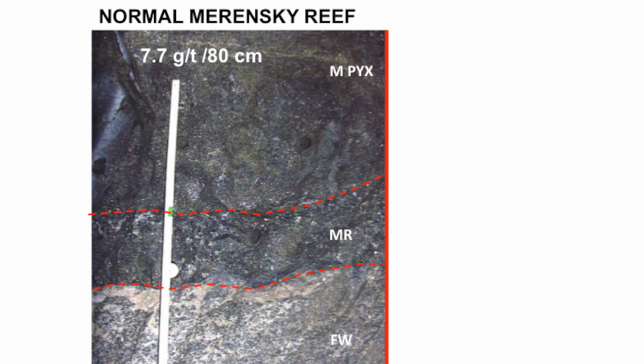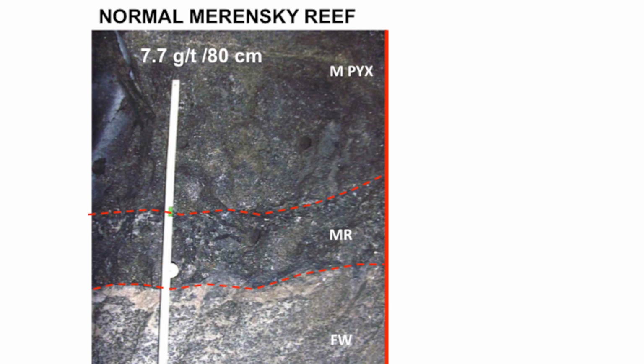So now we come to the Merensky reef. Merensky reef has a slightly anorthositic layer immediately below it. Then it has a basal chrome seam shown in red there, and then a pegmatoidal feldspathic pyroxenite overlain by a top chrome seam.